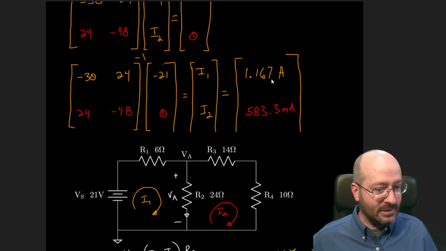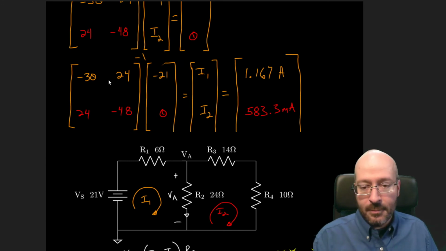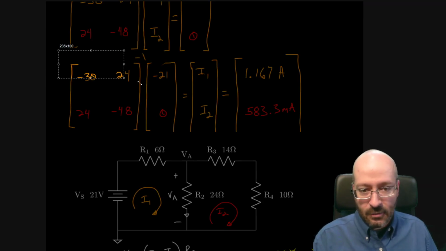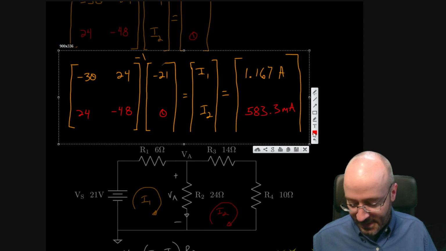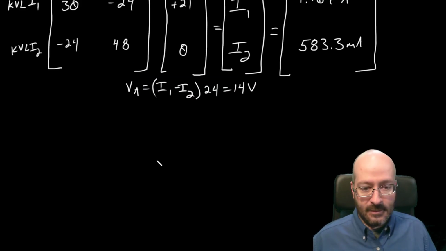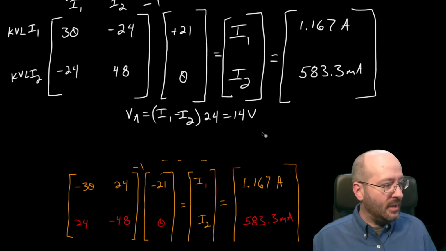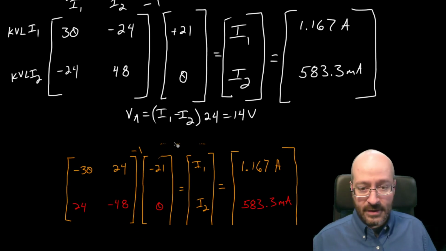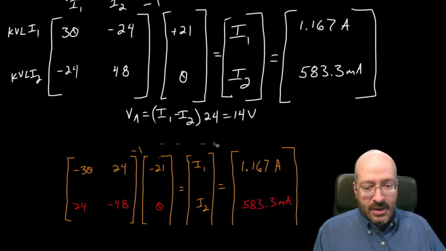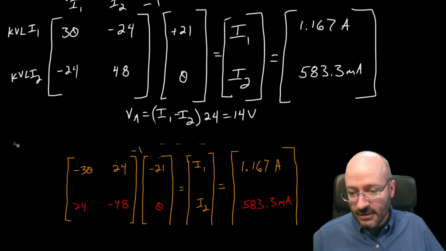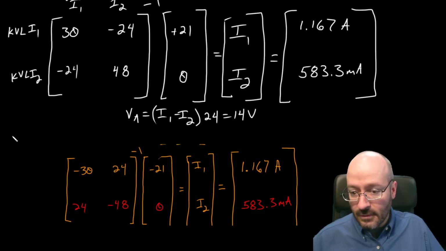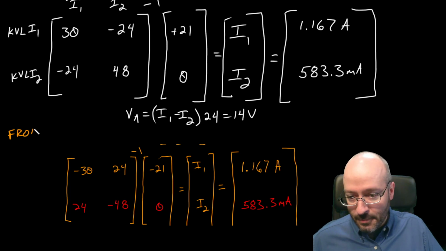Okay, 1.167 amps and 583.3 milliamps. Now let's grab that over to our pad. Okay, and I can place it right there, and they're similar. They're very similar, but you'll notice that we have sign differences. Okay, so this is from a previous video.